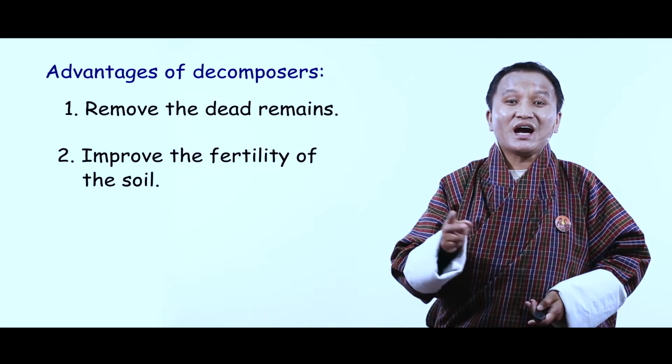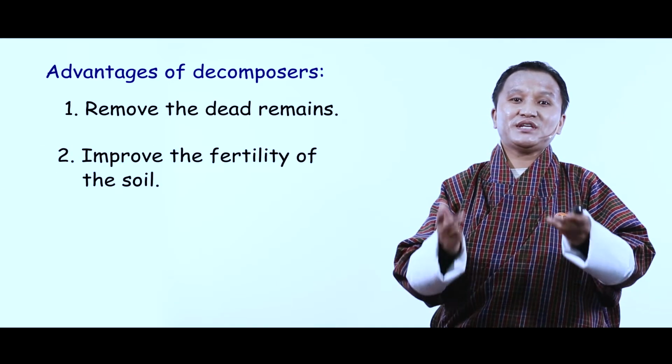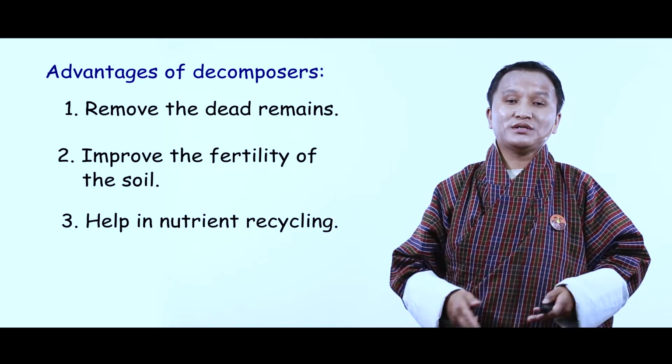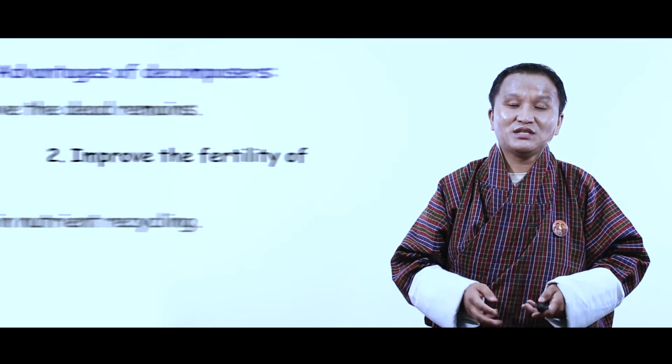Number 2, it also helps in improving the fertility of the soil. And number 3, it also helps in nutrient recycling. That is why the decomposers are important. In short, these 3, autotrophs, heterotrophs, and decomposers, constitute the biotic components of the ecosystem.